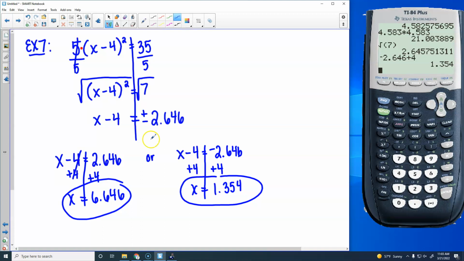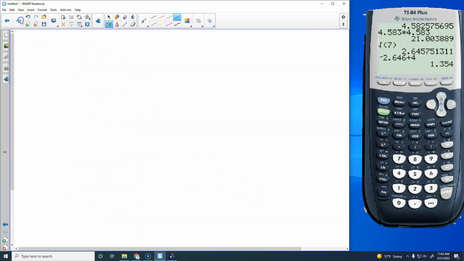Let's do one more that'll be our most difficult one before I give you guys your assignment that you're going to do. Let's do 12 equals 5, minus, no, it's got to be plus 3 times x plus 1 squared.